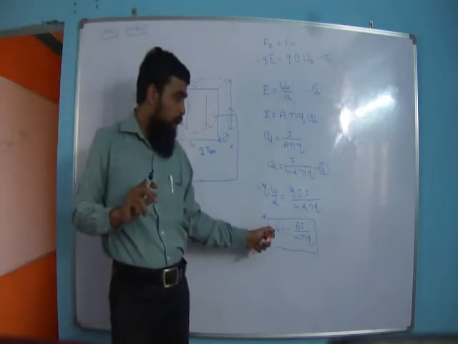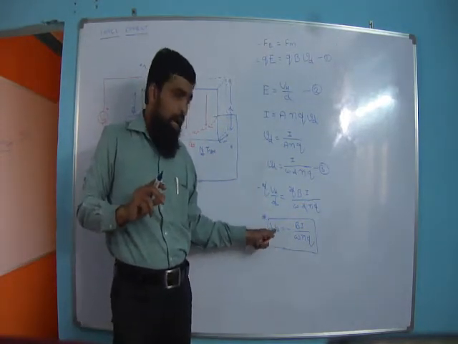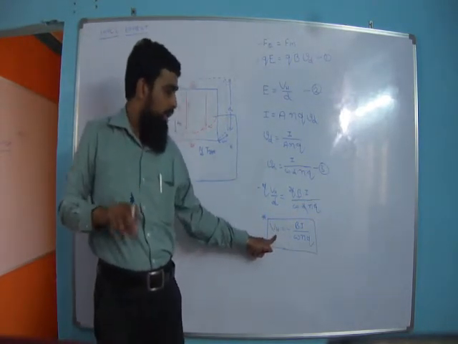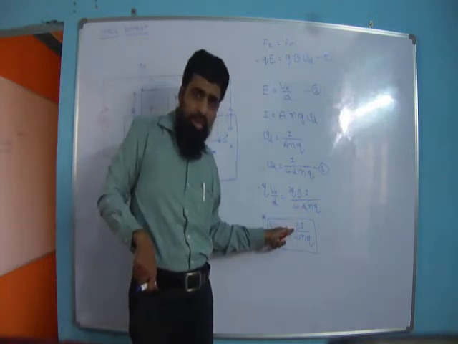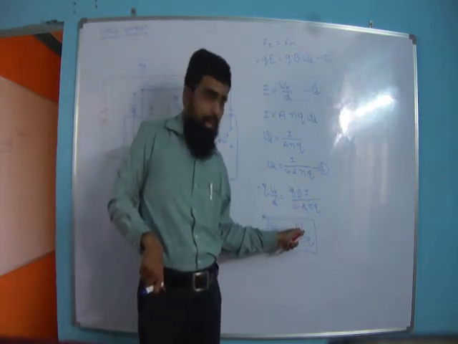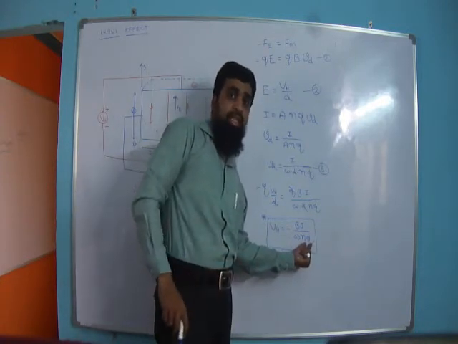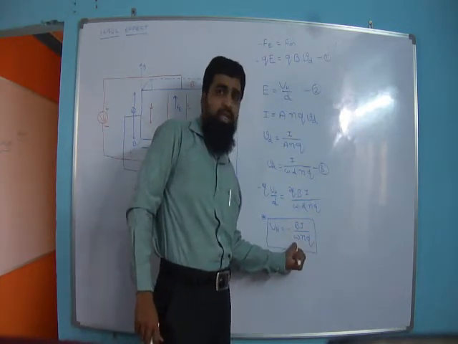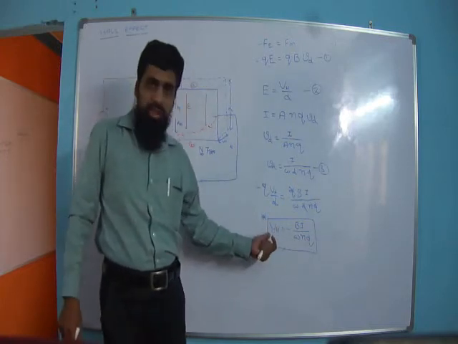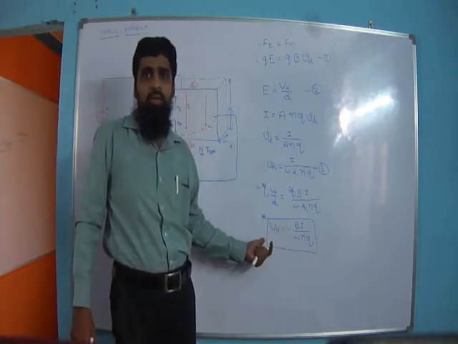How much Hall voltage is generated? The Hall voltage generated is proportional to the magnetic field as well as the current, and inversely proportional to NQ, meaning charge density, and the width of your semiconductor. This is the expression for Hall voltage.